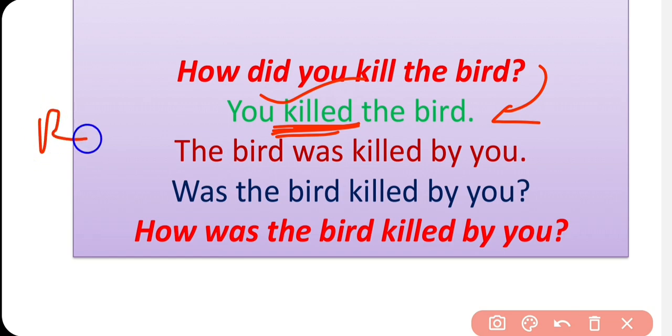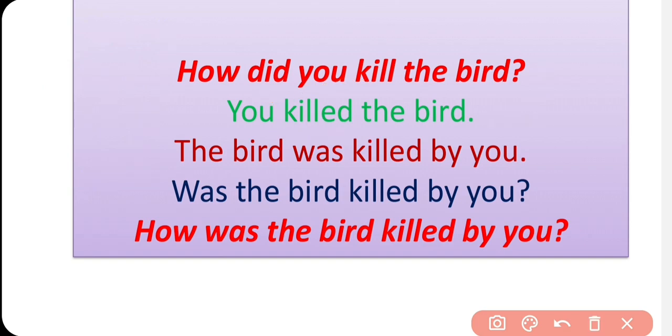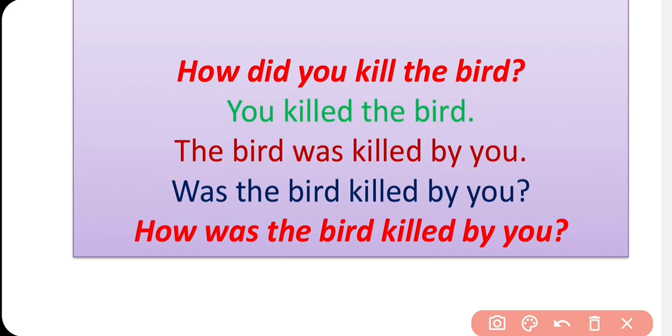The root form of the verb is kill, you know. So what will be the passive form of this sentence? The bird was killed by you. The sentence is in the simple past tense, so you have to change it according to the rule of the simple past tense.